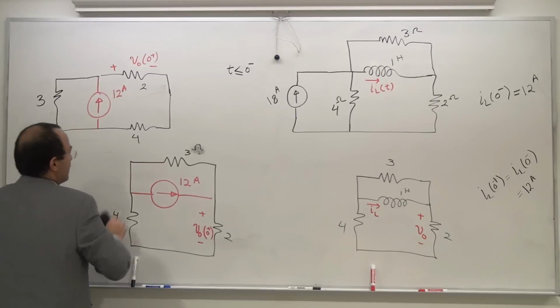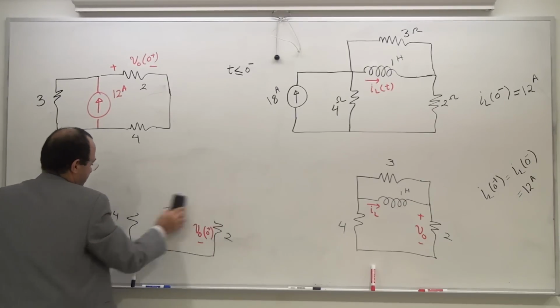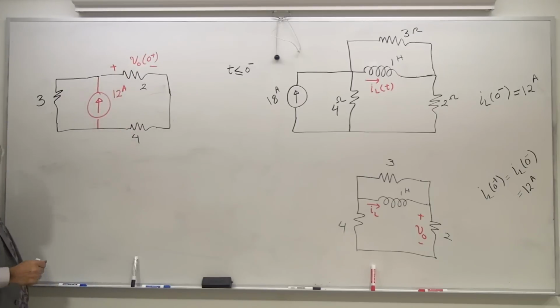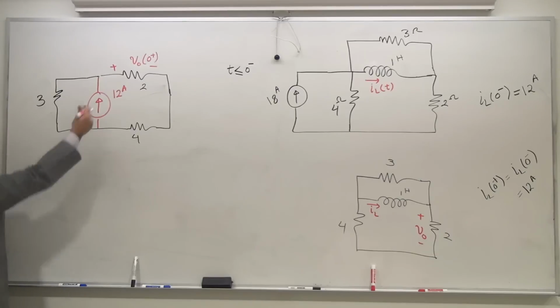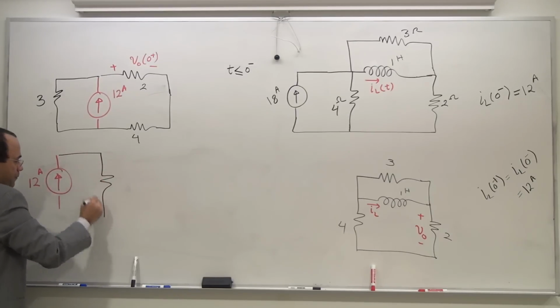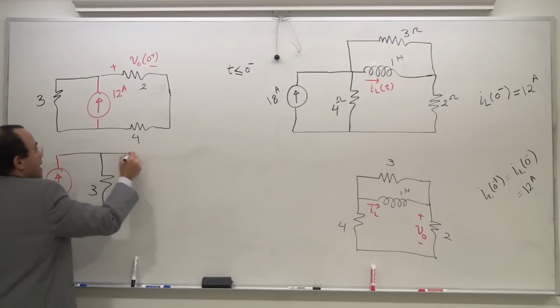Now, if you take a look at the above, what do you see? You are going to see a 2 ohm and a 4 ohm in series. So you can take this out if you want to, because everything is in parallel now. So I'm going to take this out. That's 12 amp. Then I'm going to see 3 ohm. I'm doing a compression now.